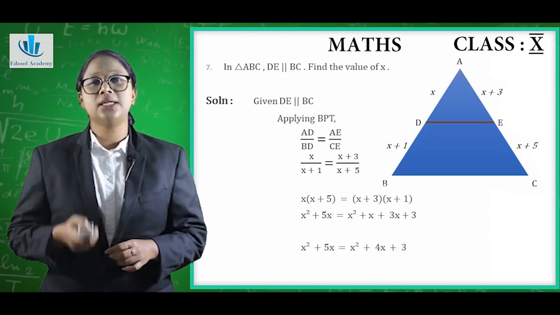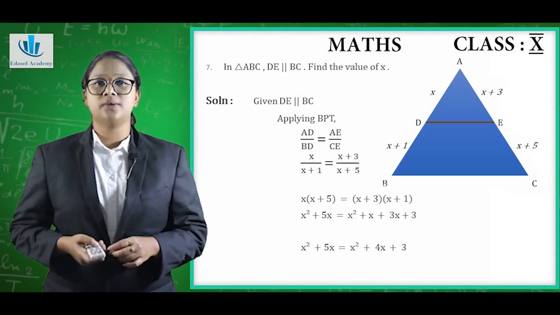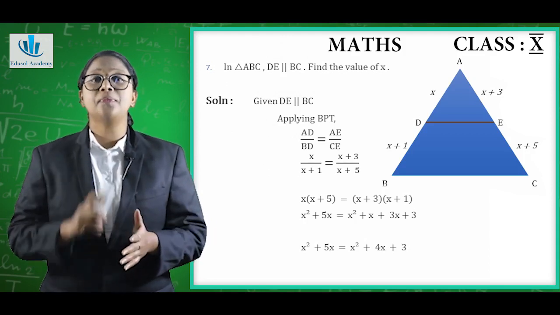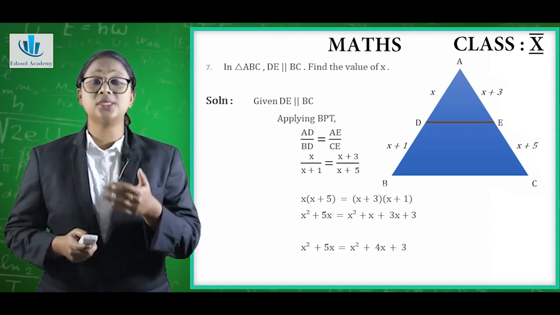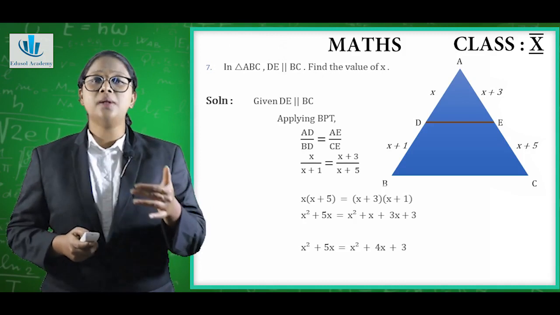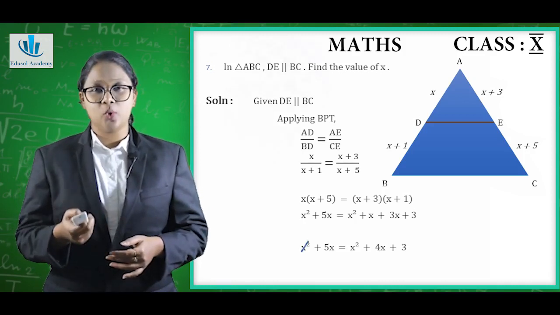Now X and 3x on the RHS are like terms, so they can be combined together. What is X plus 3x? 4x, right? So the equation can be modified as X square plus 5x is equal to X square plus 4x plus 3.